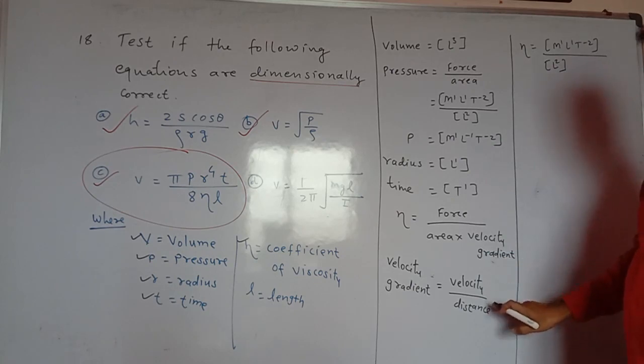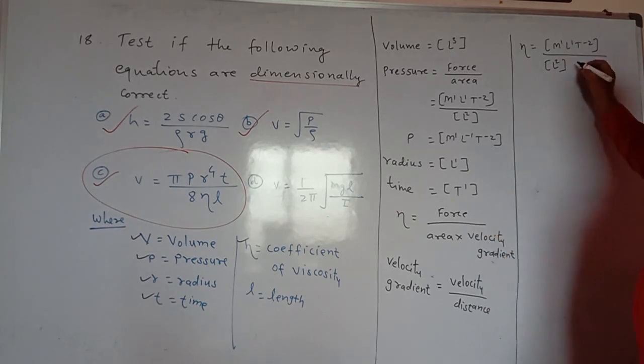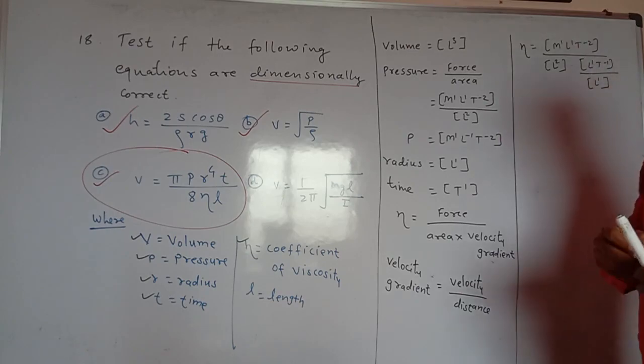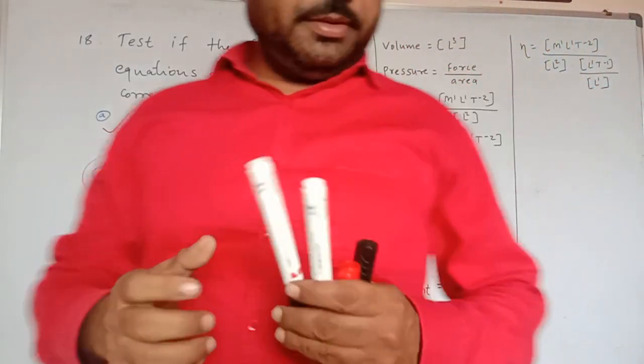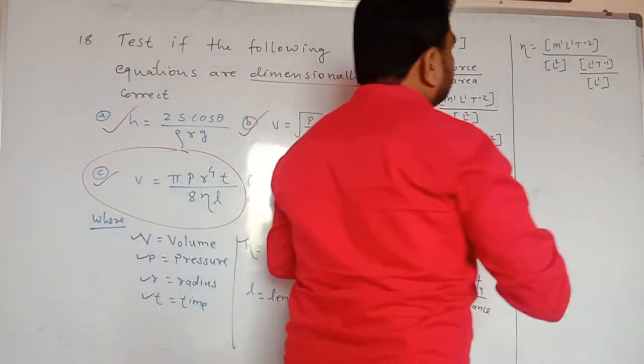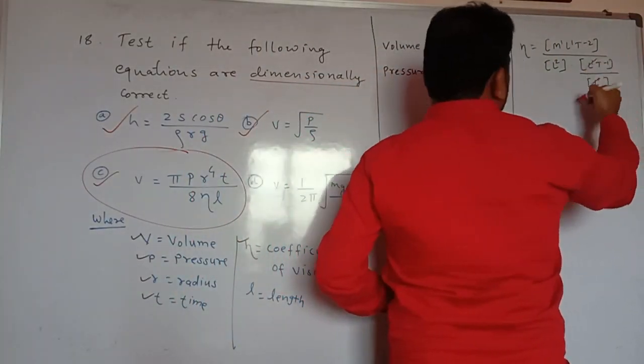The formula for velocity gradient is velocity upon distance, that is velocity L1 T minus 1 divided by distance L1. Now which terms are getting cancelled here? L1 will get cancelled.